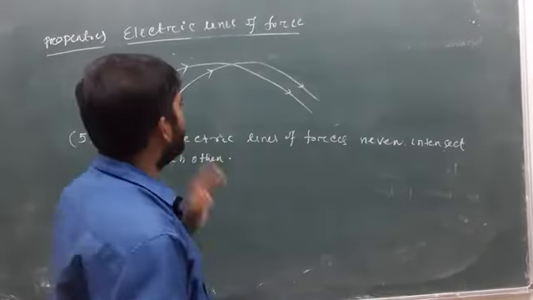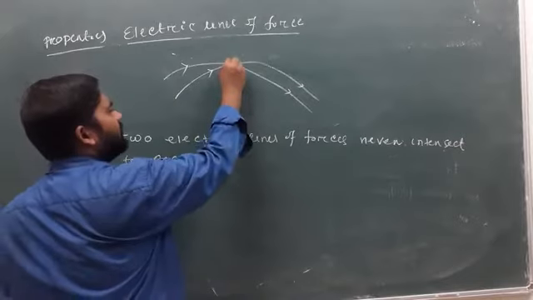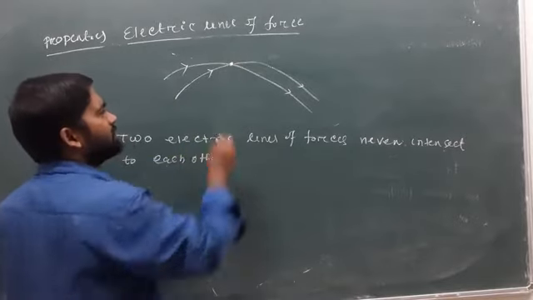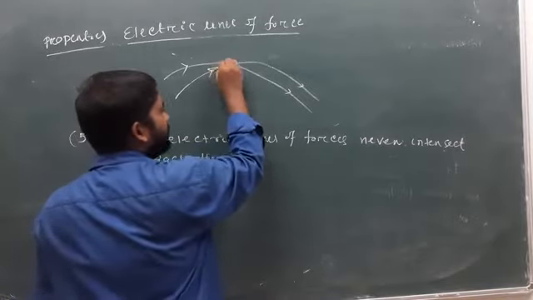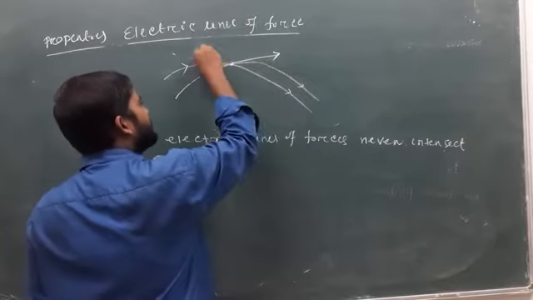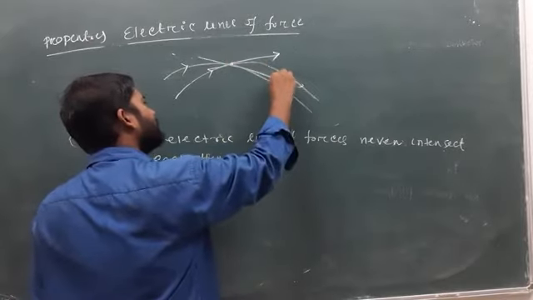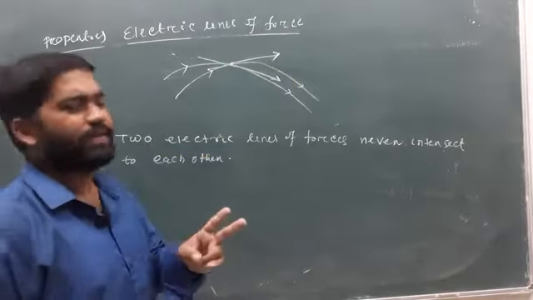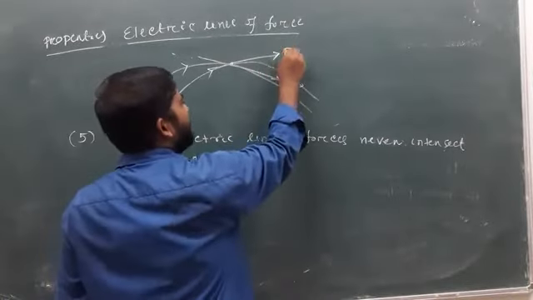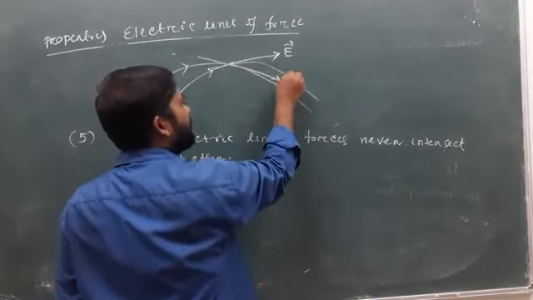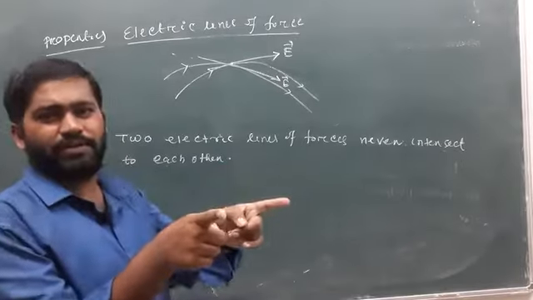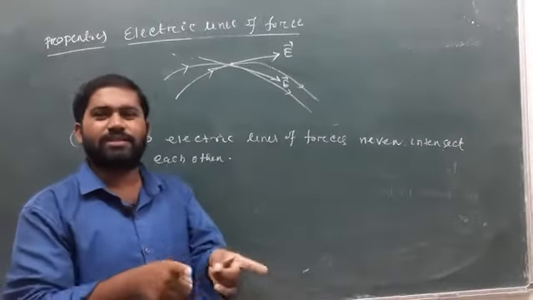So, if two electric lines of force intersect, what happens? At a single point, there are two different tangential directions at the common point. For the two different curves, there will be two tangential directions.